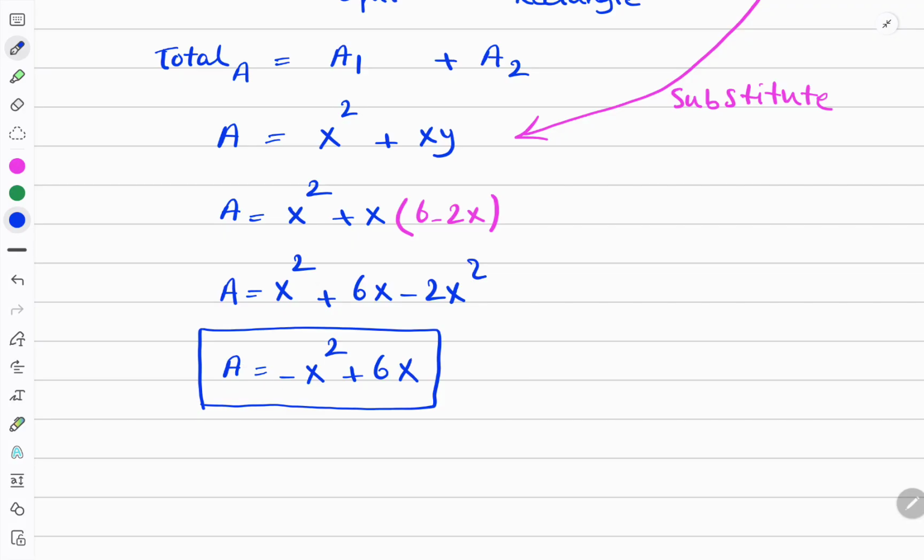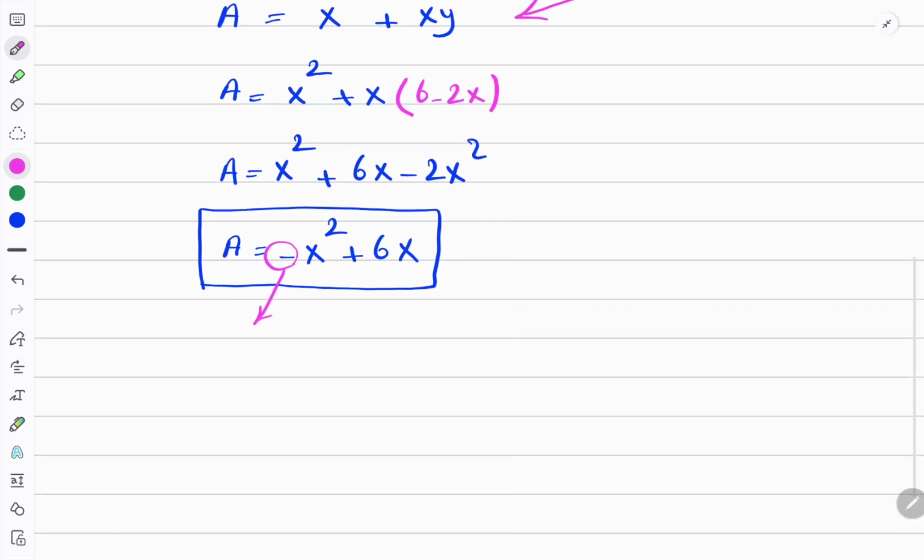And now we are going to find the maximum value of this area. As you can see, the power of x is 2, so this equation is a parabola, and because the coefficient of x squared is a negative number, negative 1, this parabola opens downward.